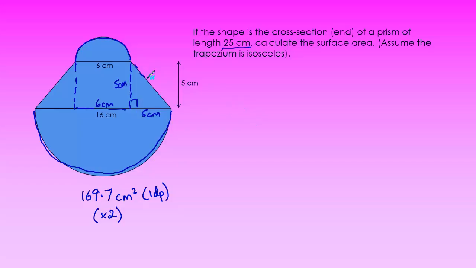So we can use Pythagoras to work out this length here, which we need. So let's just call that x for the moment, and x squared would be equal to 5 squared plus 5 squared. So x squared is equal to 25 plus 25, which is 50. So x is equal to the square root of 50. And let's just leave it like that for the moment.